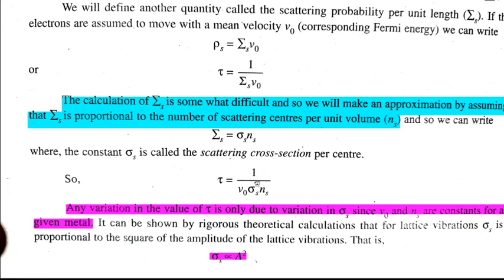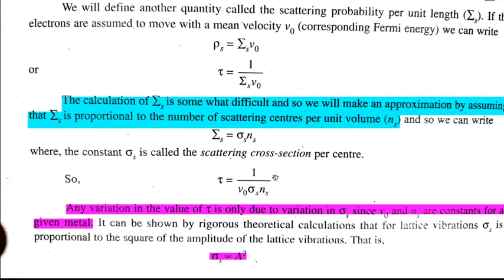So the only sensitive parameter is sigma s, which is the scattering cross section per center. Basically the scattering cross section of a center, you can say it's an exposure area.